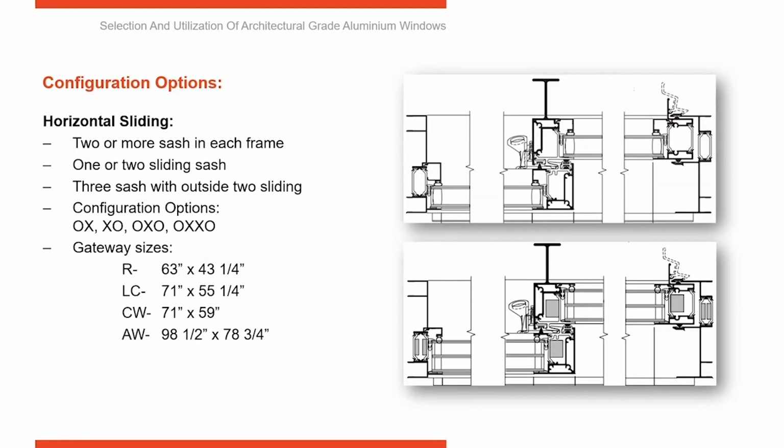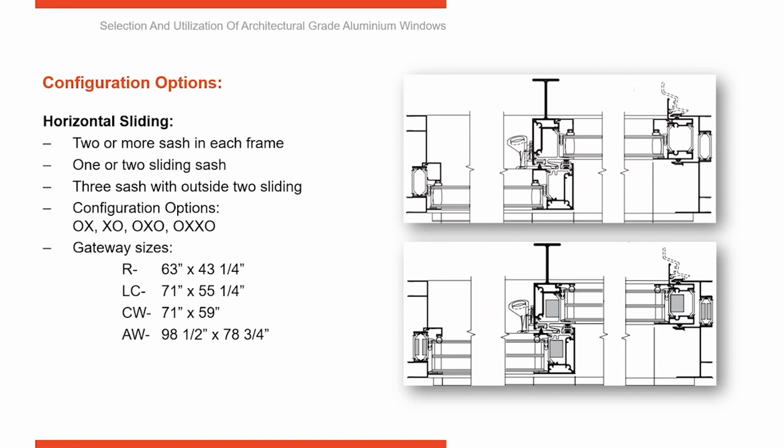The other type of slider is called a horizontal slider. With a horizontal slider, you're going to have one frame and then multiple sash set within it, two or more. Typically one is going to be fixed, and one is going to slide behind that fixed unit. When we look at the configurations with a horizontal slider, we label the sashes either an X or an O. An O is a fixed unit and an X is an operable unit.